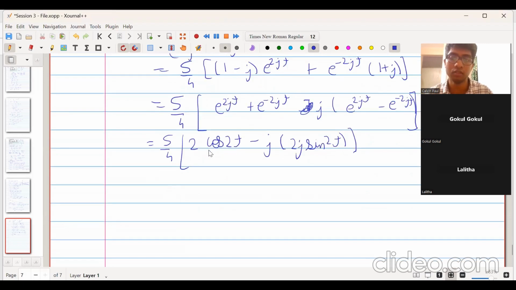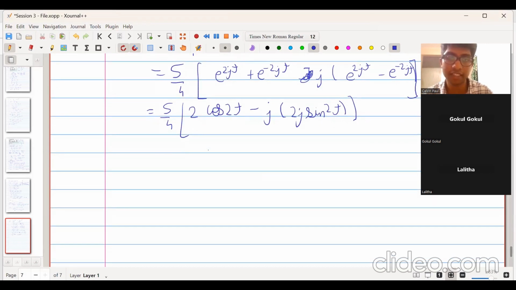Okay. So we will write it down as 5 upon 2 into cos 2t minus j, and j times minus j, j square, will be plus. So it will come to be 5 upon 2 into sine 2t. Okay. So this is the equation for the forcing function.